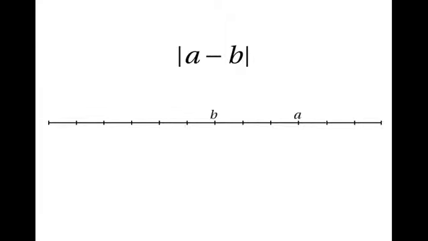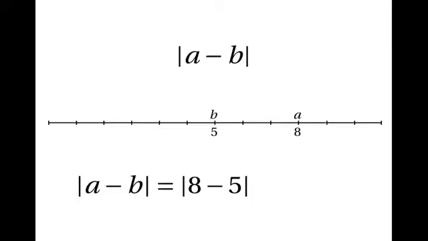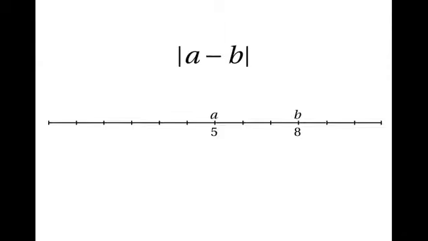One possibility is that a is more than b. For example, a could be 8 and b could be 5. In that case, the modulus of a minus b will be the modulus of 8 take away 5, which is the modulus of 3, which is 3. The other possibility is that b is greater than a. For example, b could be 8 and a could be 5.